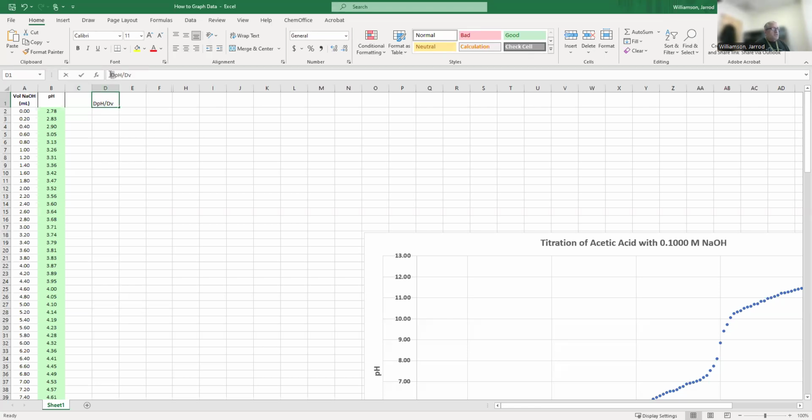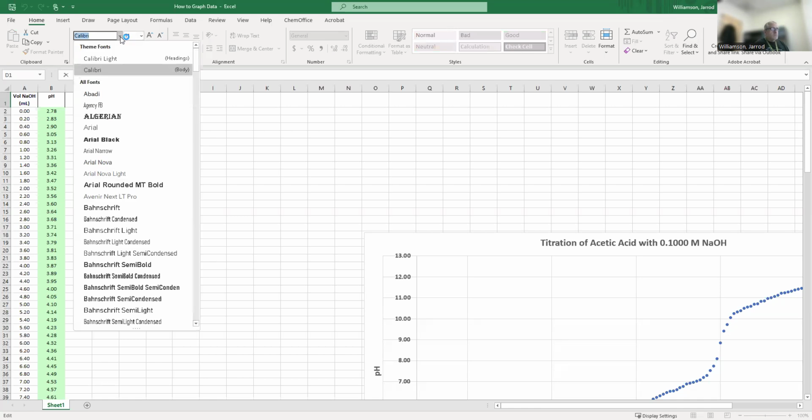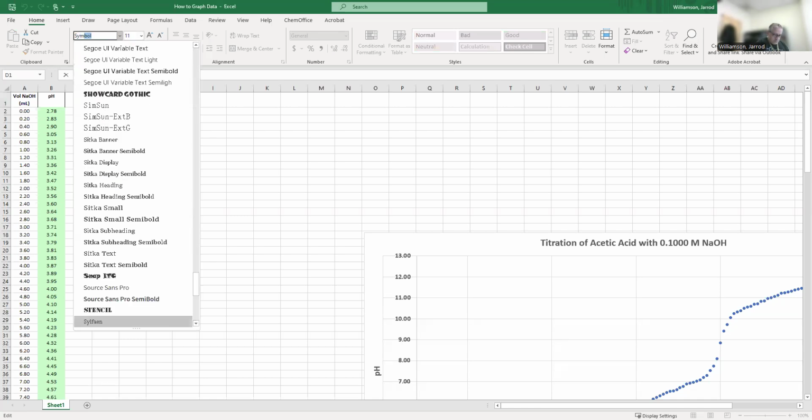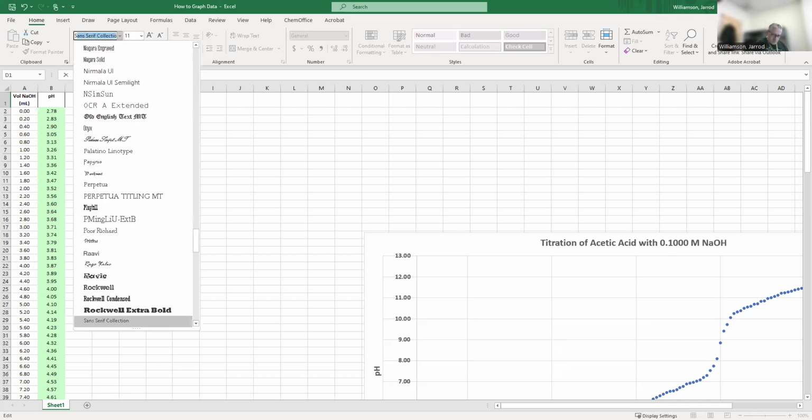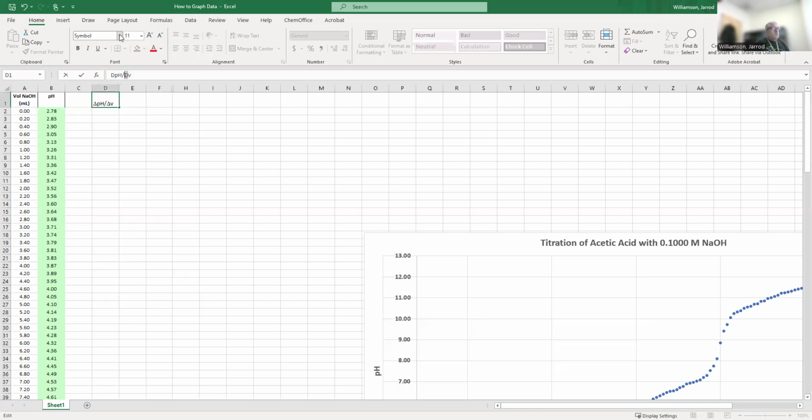So let me change this here. Delta pH over delta volume, that'll be on the y-axis, versus volume.